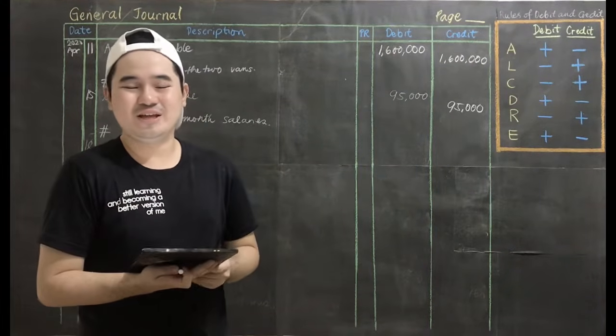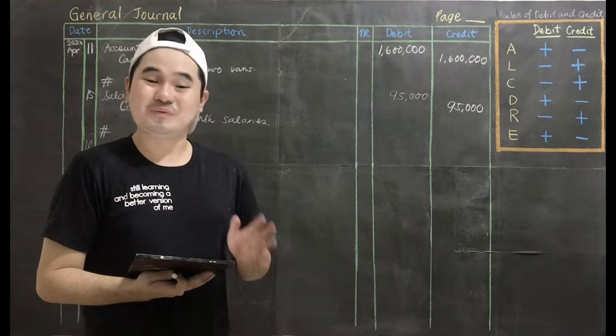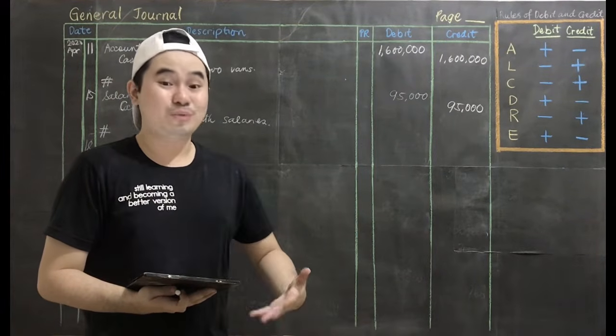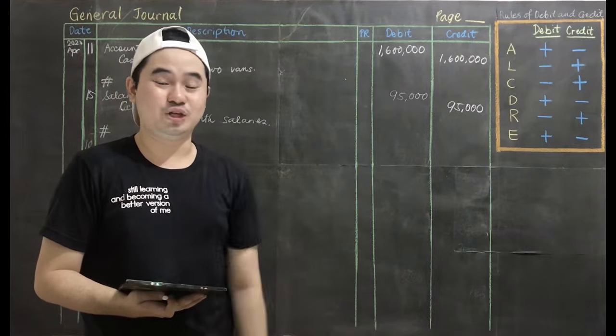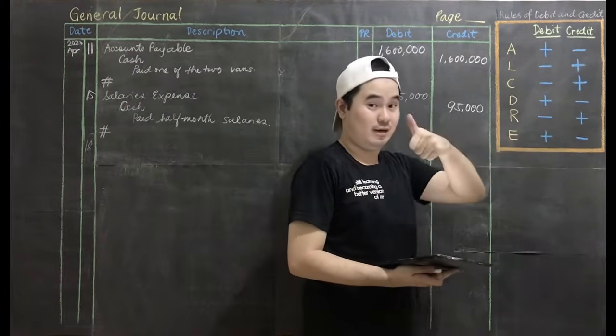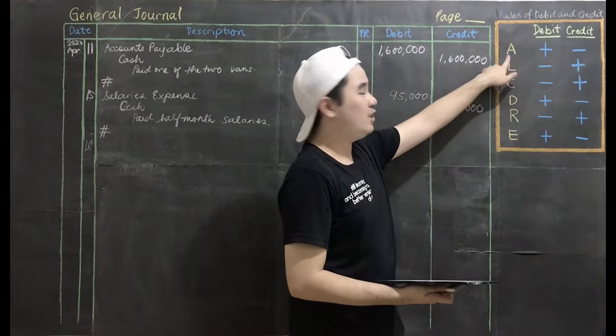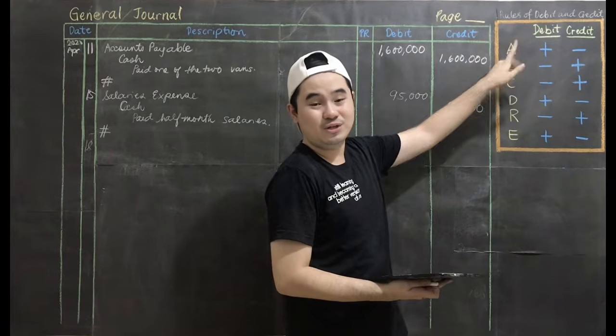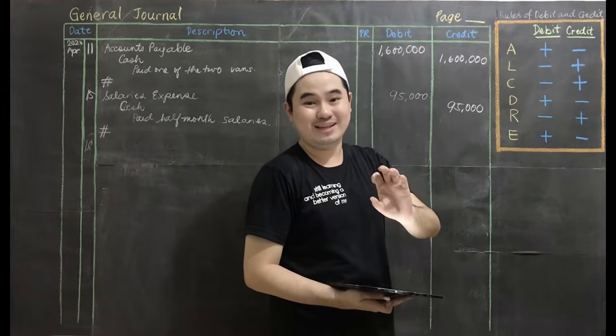Anong sabi natin dyan? When you have an expectation to receive payment from your customers, pero nagawa mo na yung service mo sa kanila, so you already earned that revenue. Expectation to receive pa lang, hindi pa cash. So, since hindi cash, ang gagamitin natin?